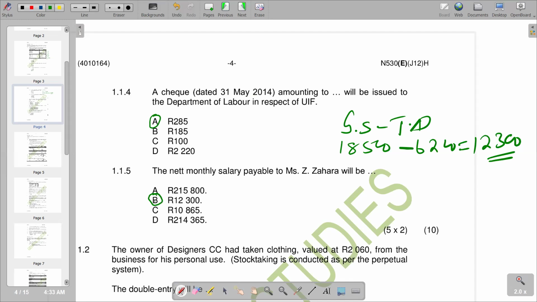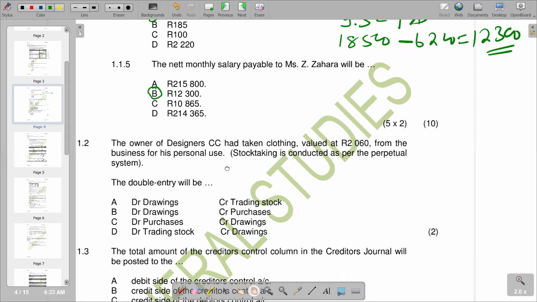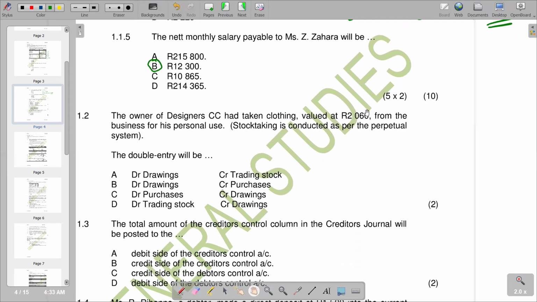Then you can go to the next question, which is now 1.2, which reads: the owner of Designers Cross Corporation had taken clothing valued in 2006 from the business for his personal use. Stock taking is conducted as per the perpetual system. Remember, if we take goods for personal use, it is drawings, so obviously we are going to debit our drawings.